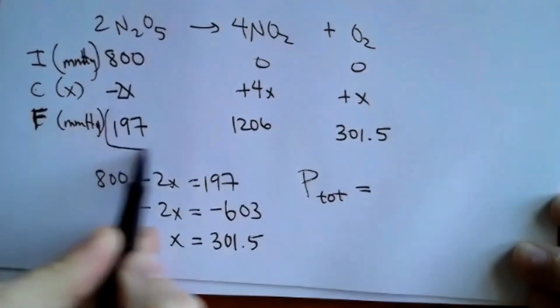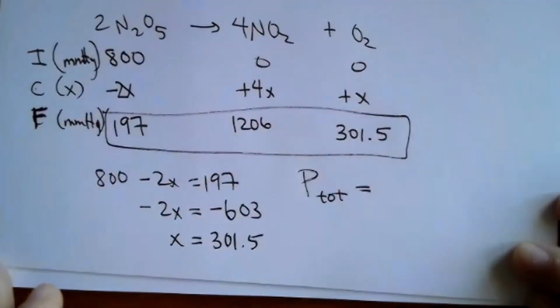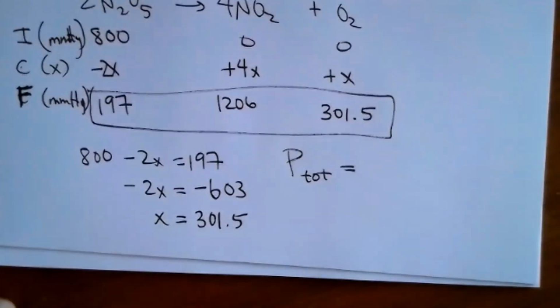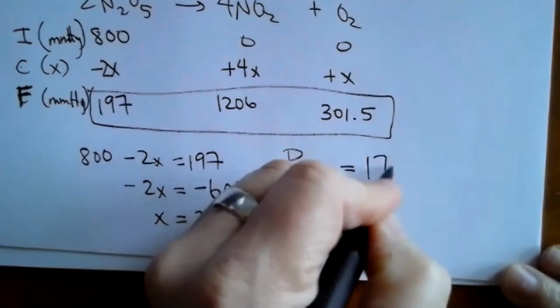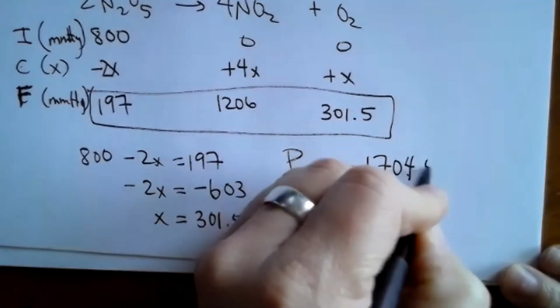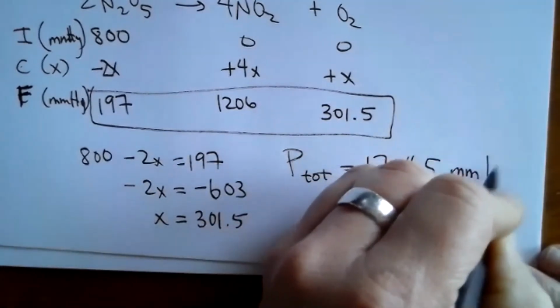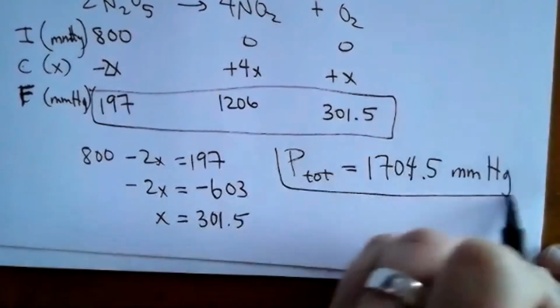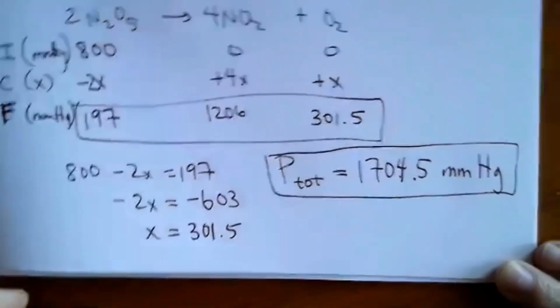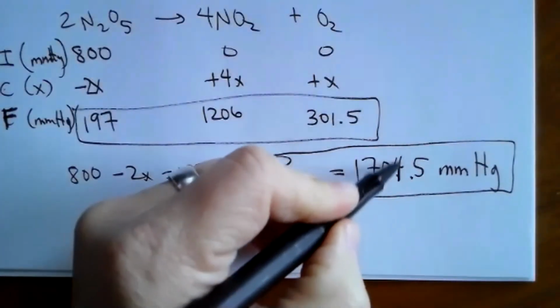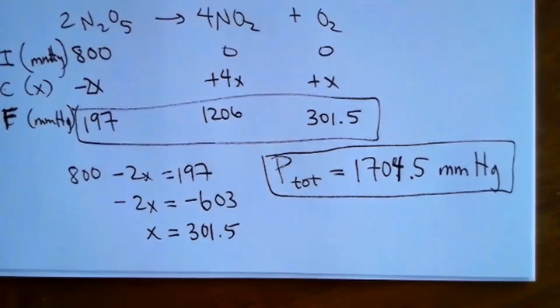P total is the summation of the entire last row of your limiting reactant table. So I sum those up and I get 1704.5 millimeters of mercury. In my final chamber, I have a pressure of 1704.5 millimeters of mercury. That's enough for now. See ya.